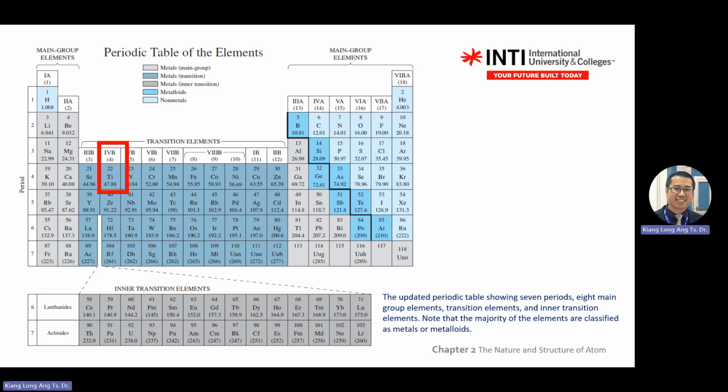Okay. So can you write the electron configuration first for titanium? You got 22. So 1s2, already standard already. 2s2, 2p6.